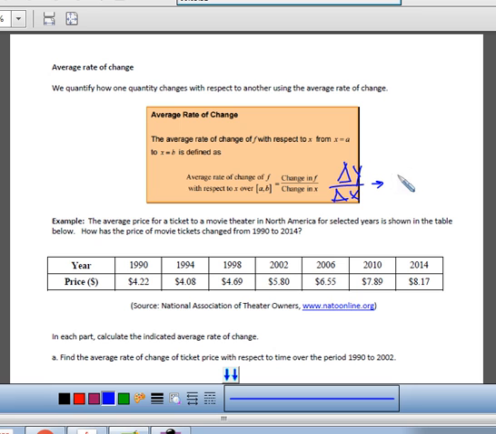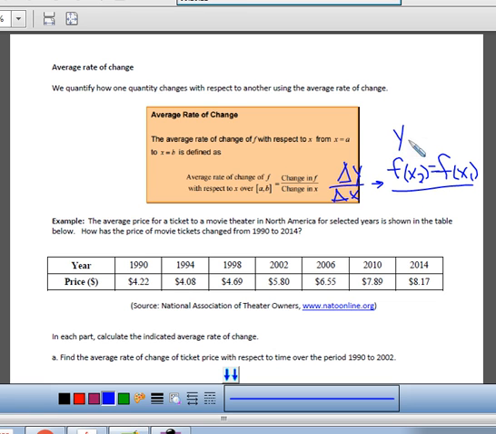Another way to think of it is we are going to do f of x2 minus f of x1.